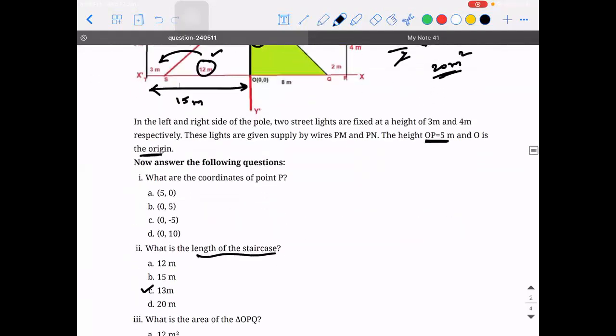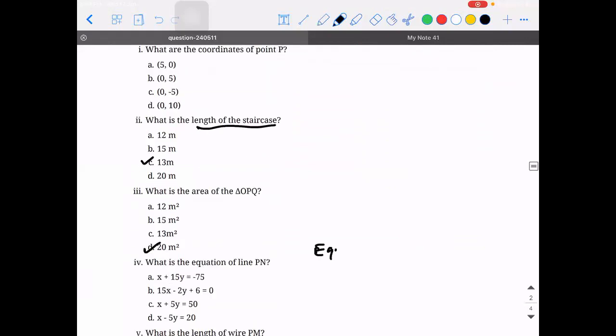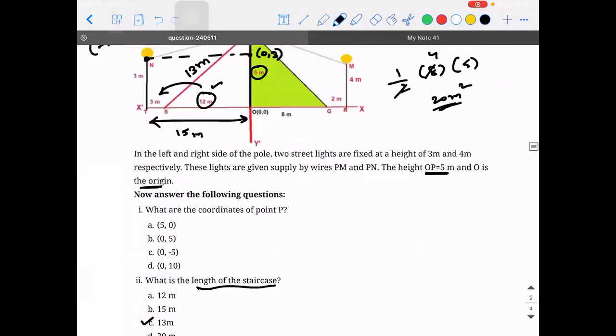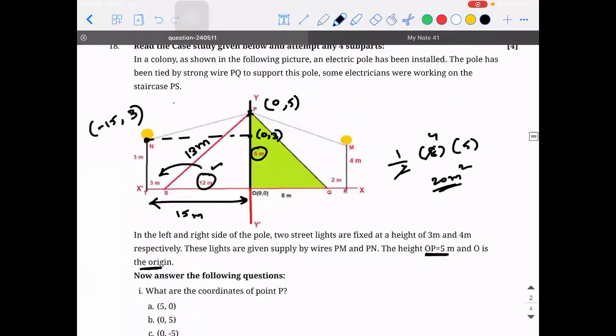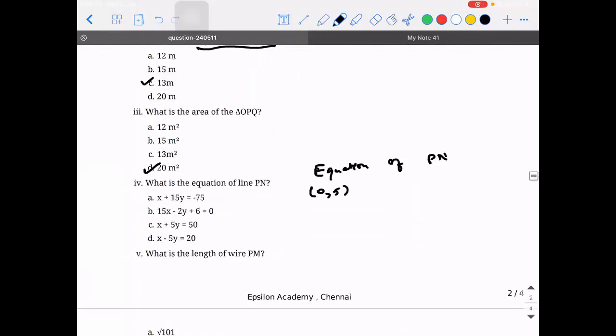Yes. So for the equation of PN, P is 0, 5 and N is minus 15, 3. So for PN, find the slope of it. It is 2 divided by 15. So y minus y1 is equal to m into (x minus x1).